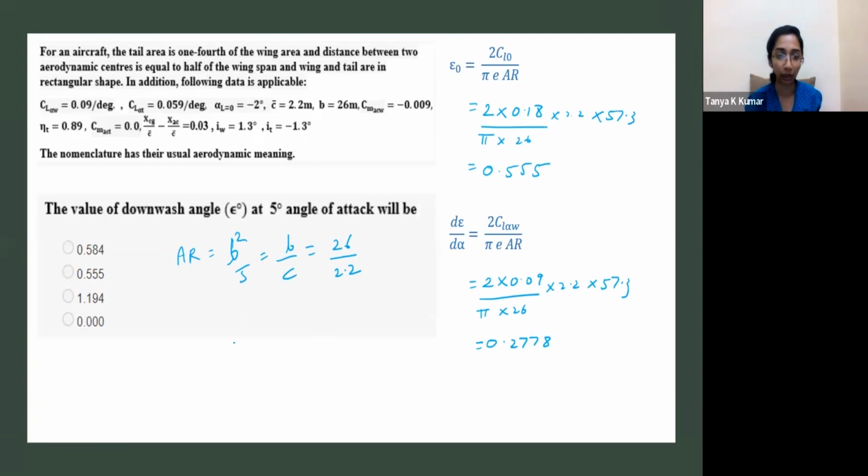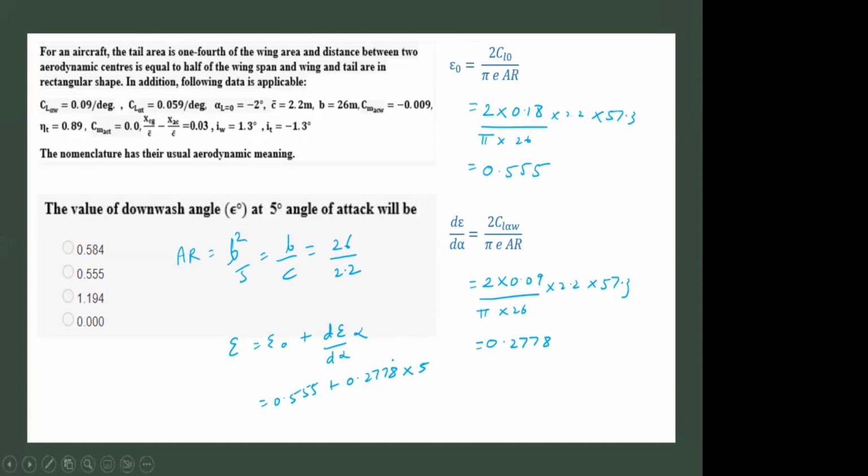So now your overall downwash angle would be epsilon naught plus d epsilon by d alpha into alpha, correct? So it's 0.555 plus 0.2778 into 5. Is this correct?